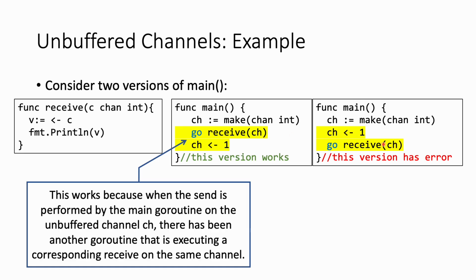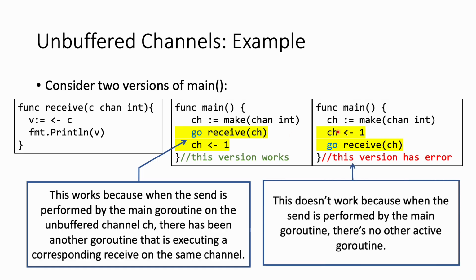The second version doesn't work because when the send statement is made by the main goroutine, there's no other active goroutine because at this point the go statement has not been executed.